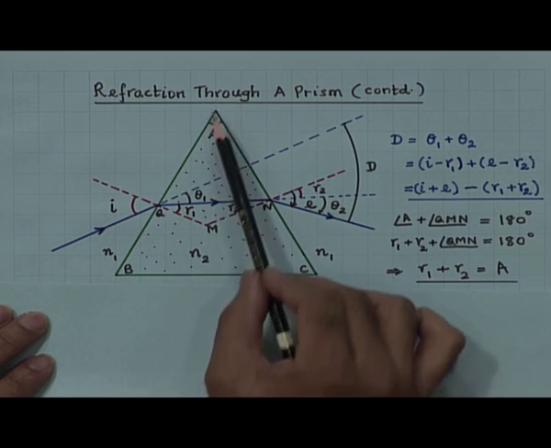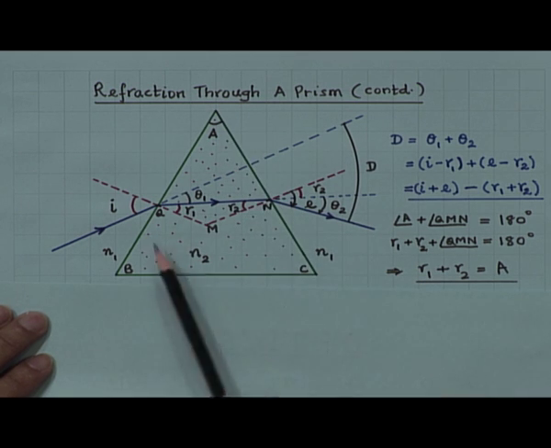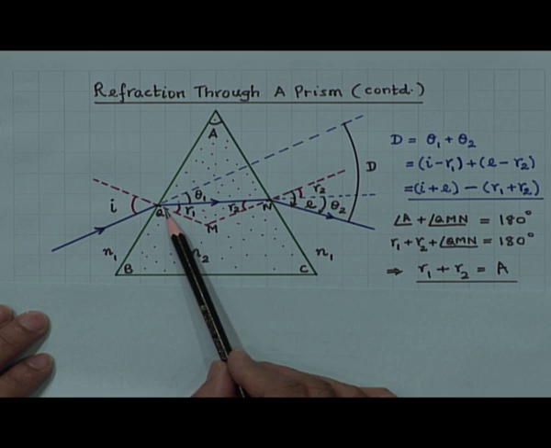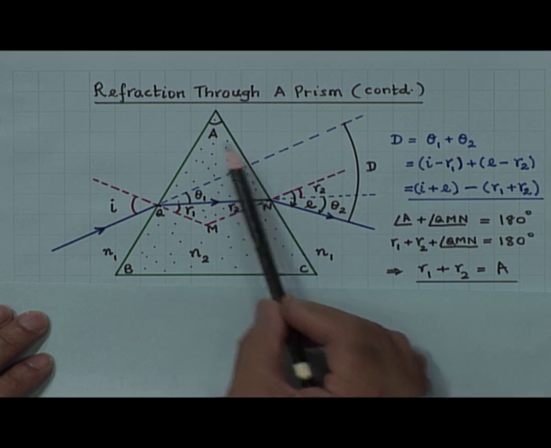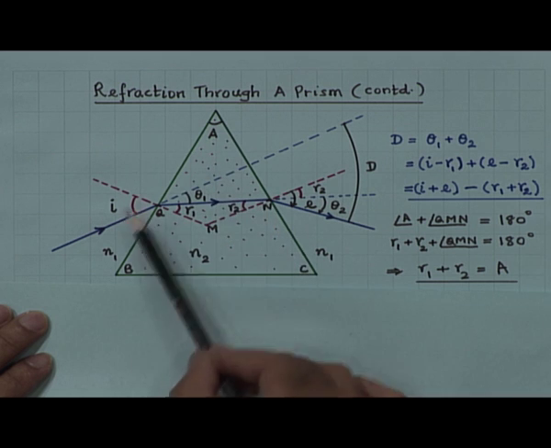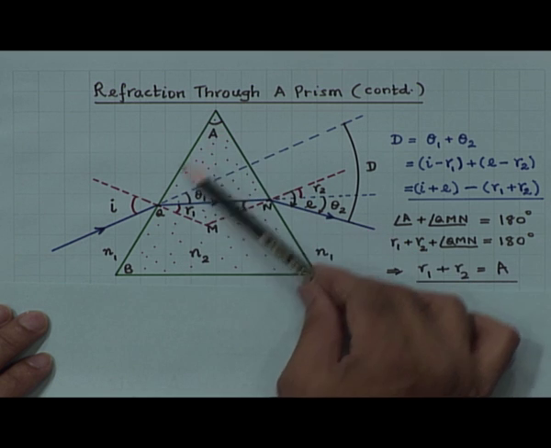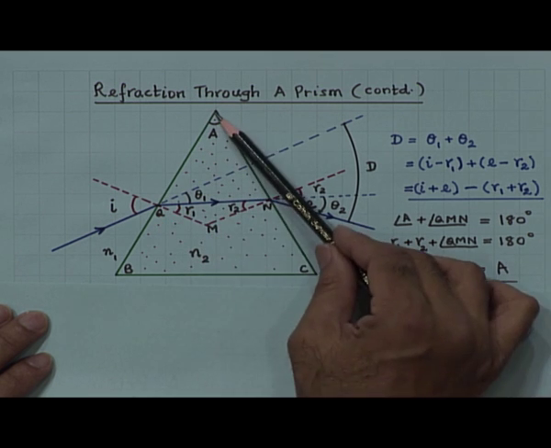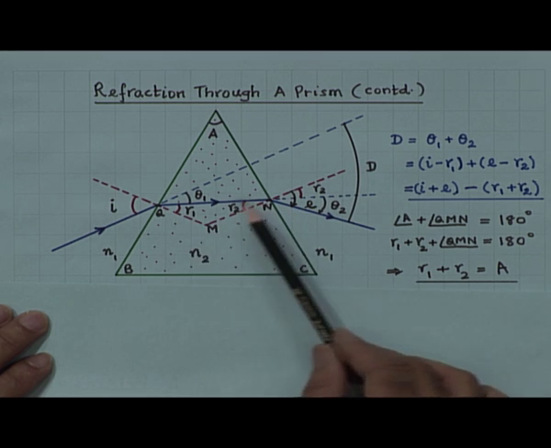But if we look at this quadrilateral here, then we can see that this angle is 90 degree, this angle is 90 degree. I am looking at AQMN. Note that this is the normal, and therefore, angle AQM is 90 degree, angle ANM is 90 degree. So, the sum is 180 degree.